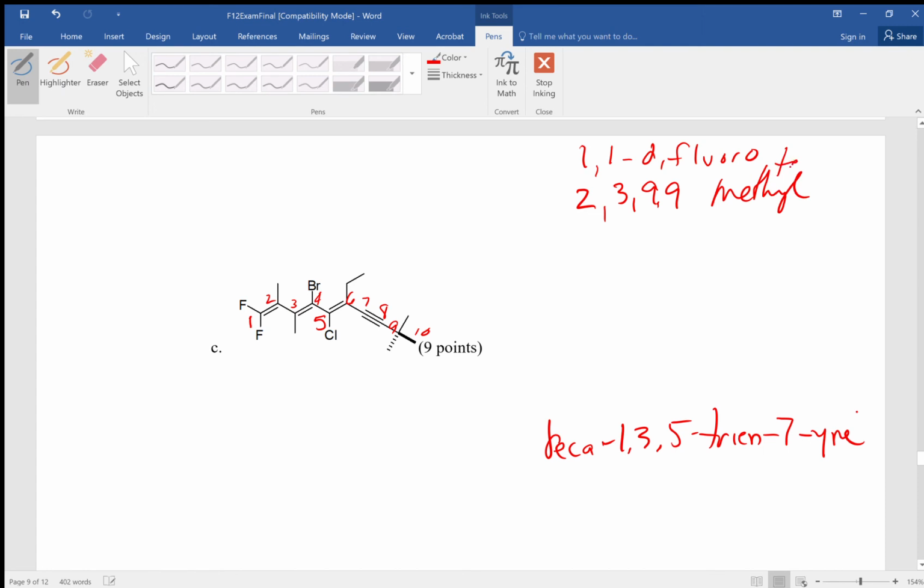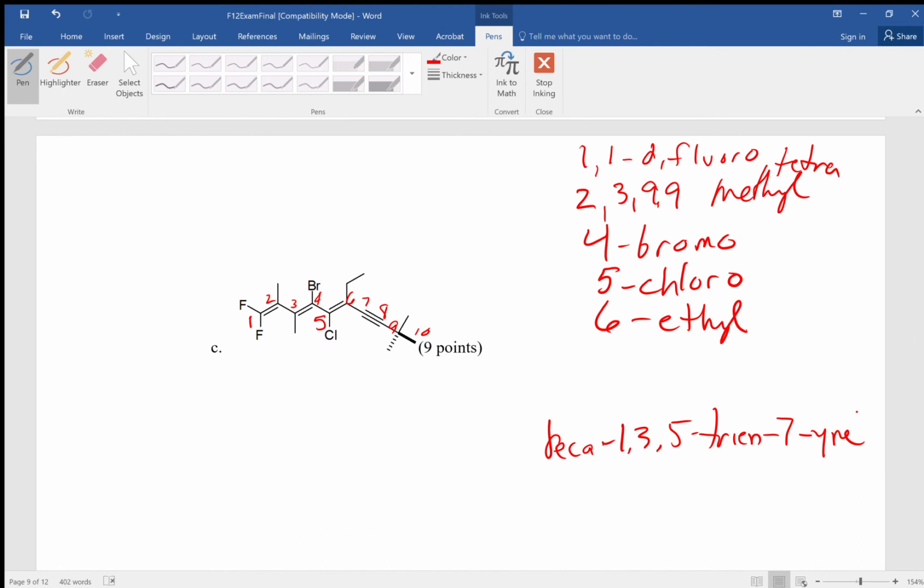So that is, of course, tetramethyl. 4 has a bromine. 5 has a chlorine. And 6 has an ethyl. So we will need to alphabetize those.